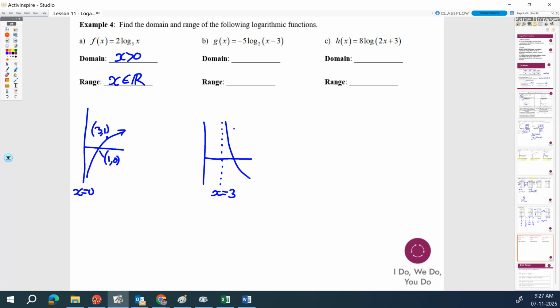It's going to look like this. It's going to decrease because we have a negative here, and our base is 2. So it's going to cross the x-axis here at this point. What is this point? 4, 0. This is 4, 0.